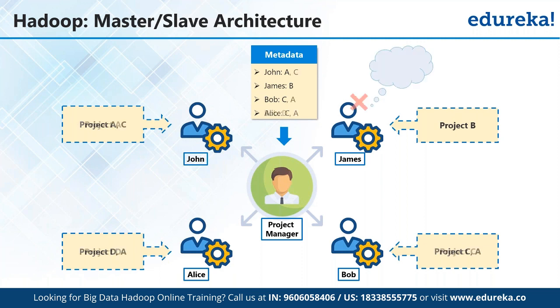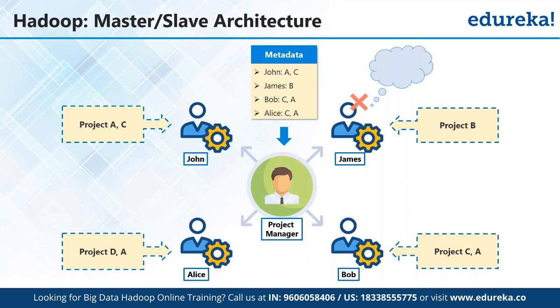Now let's say project B is no longer being worked on. Now you see the difference, guys. John works on projects A and C, Alice and Bob are working separately on projects D, C and A, but project B, what is the difference here? Only James was working on project B. For every other project you have some backup, some copy.